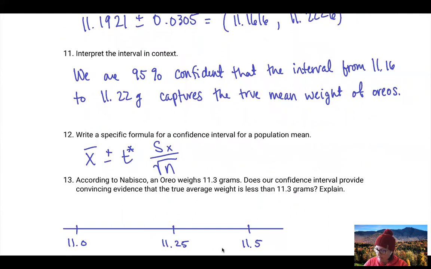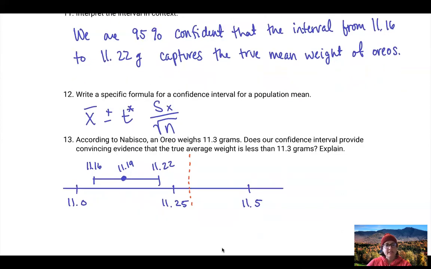Let's call that right about here, all the way down to 11.16, and up to 11.22. And Nabisco is reporting that their Oreo weights are actually there.